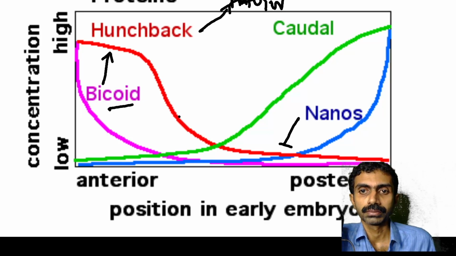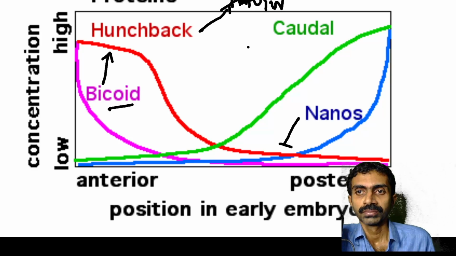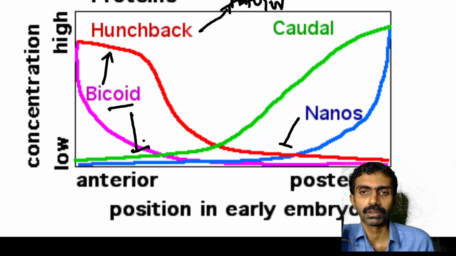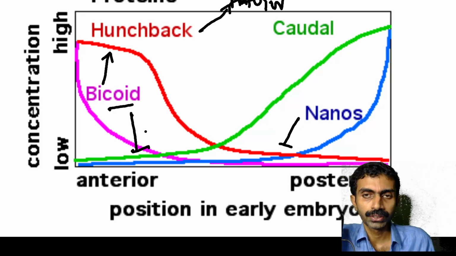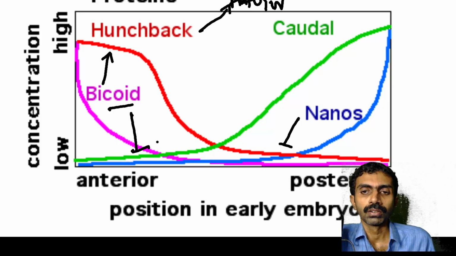And you see here the caudal mRNA is present throughout the egg, but in the anterior region the translation of caudal is inhibited by the bicoid, and therefore the concentration of caudal will be very low in the anterior region, thereby higher in the posterior region.